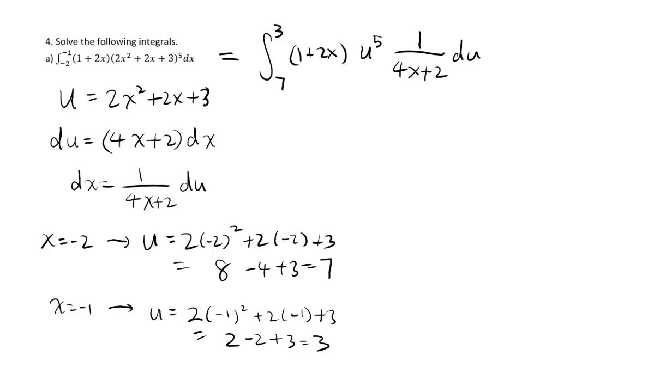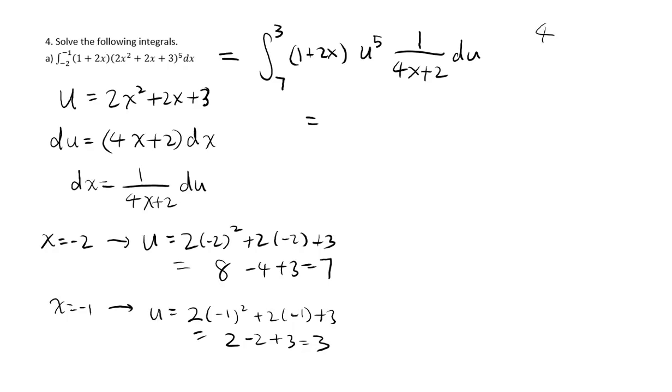Okay, now you can't integrate this yet because you still have some x's there. If you still have x's, then you're not permitted to do any more integration. You have to make sure that you take care of this integral so that no more x's are seen, and only after that you may integrate. So 4x plus 2, 1 plus 2x. What's the relationship?